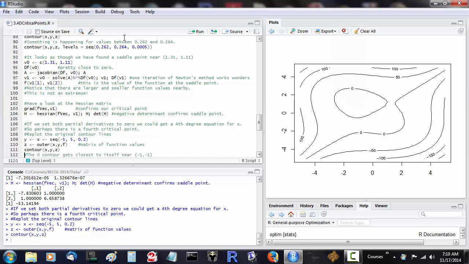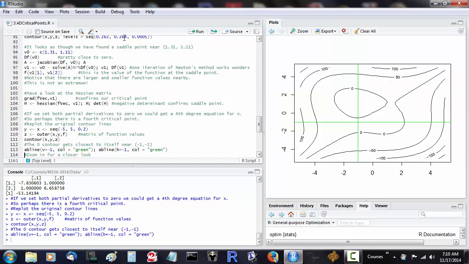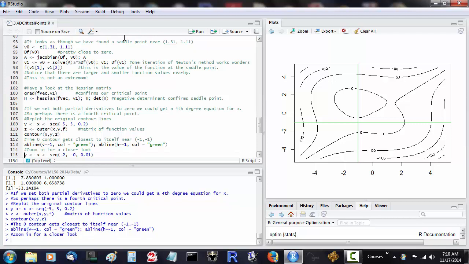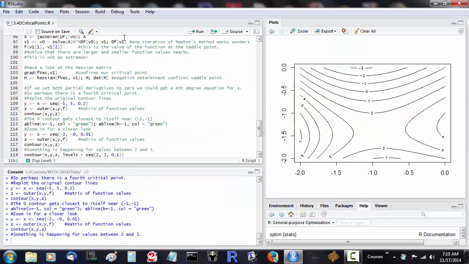And now that we're becoming skillful, we look at the original contour lines and we know what to look for. If you go up along the line where x equals -1, you can see that that contour line for 0 gets close to itself. So we focus our suspicions on the region where those green lines are crossing and zoom in on that point.